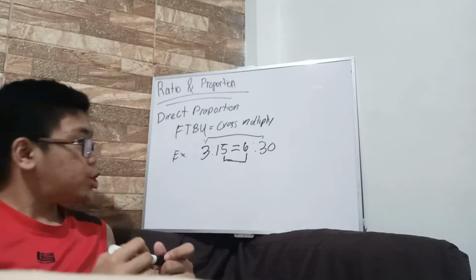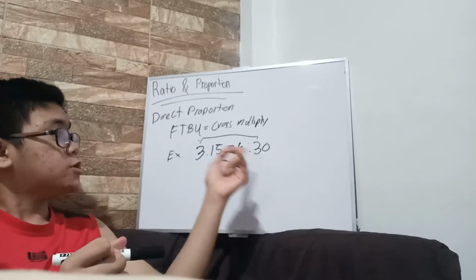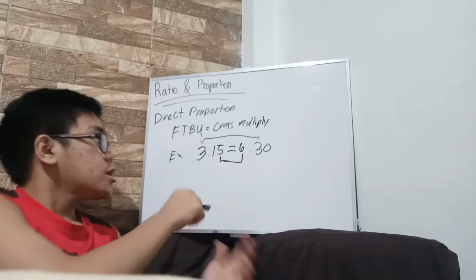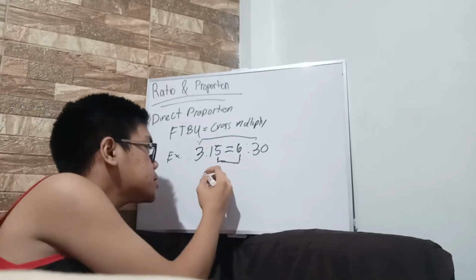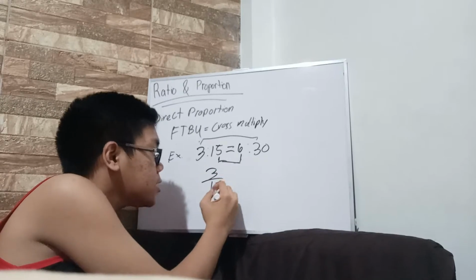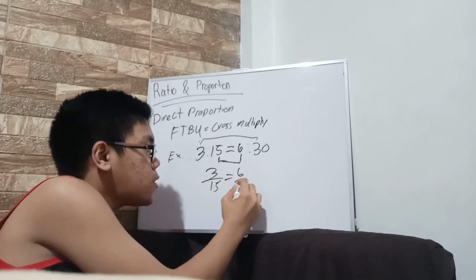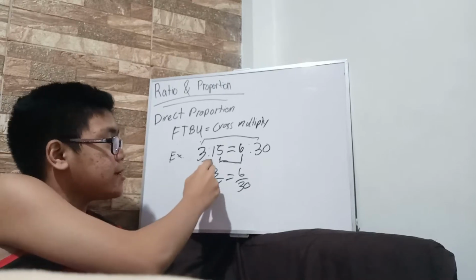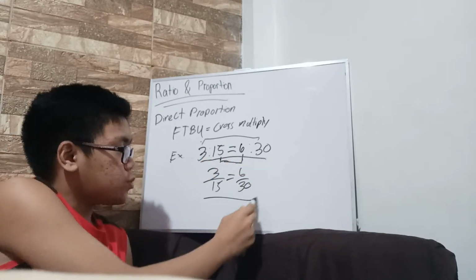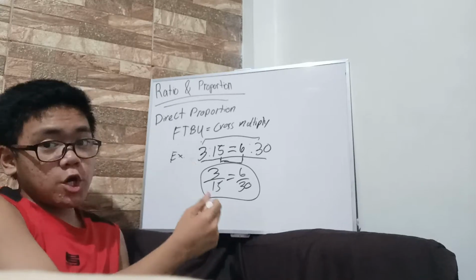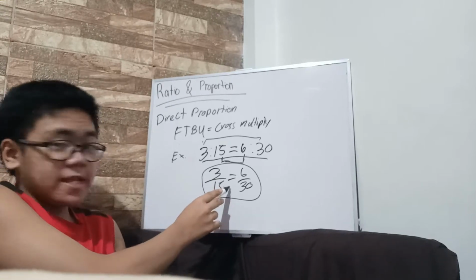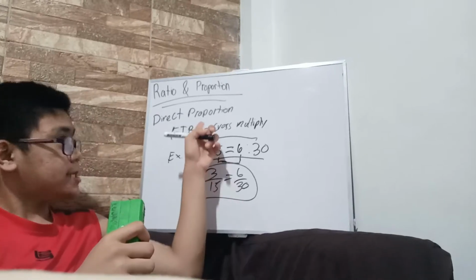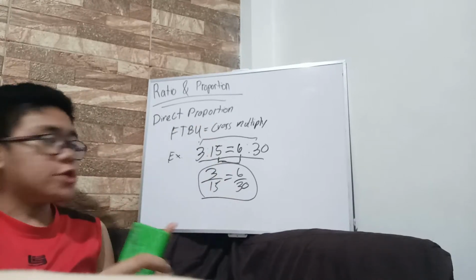Okay, so 3 is to 15 is equal to 6 is to 30, or 3 over 15 is equal to 6 over 30. This can be the answer or this one, but I prefer you answer in fraction form. So that is an example of a direct proportion.